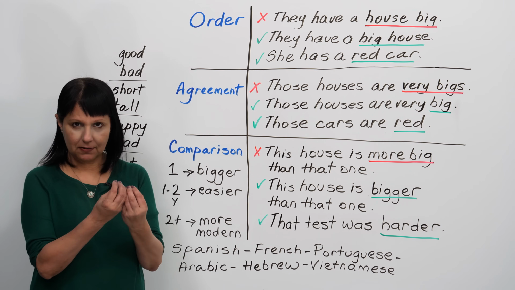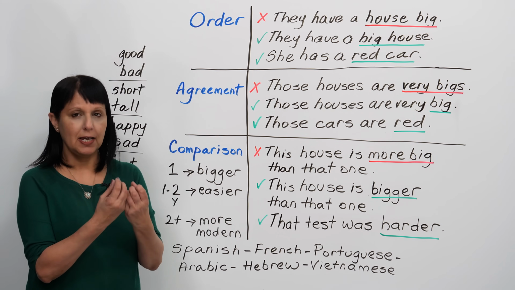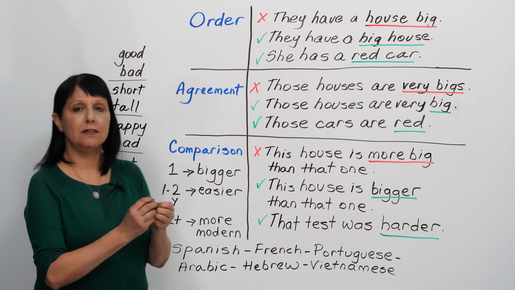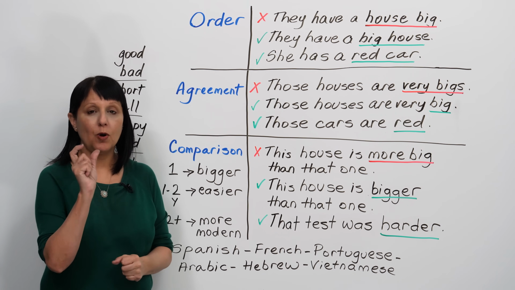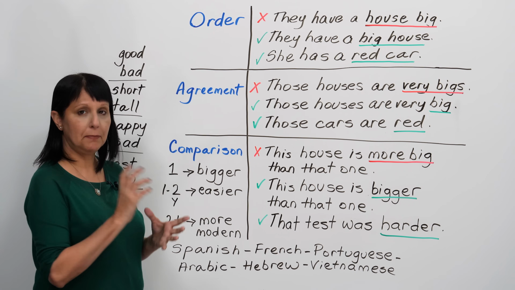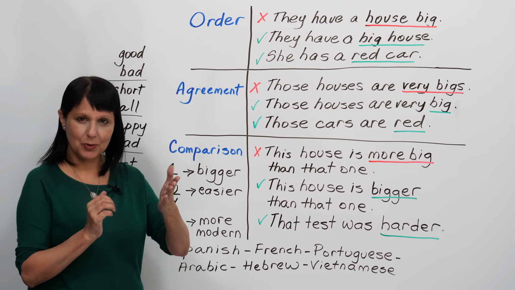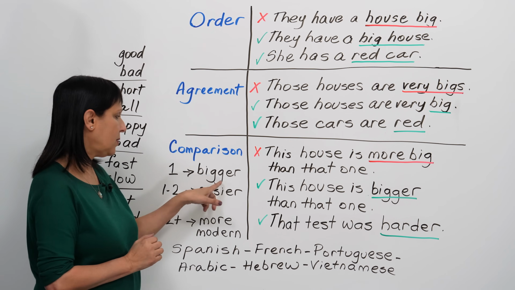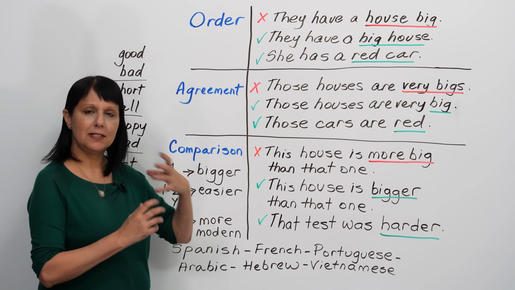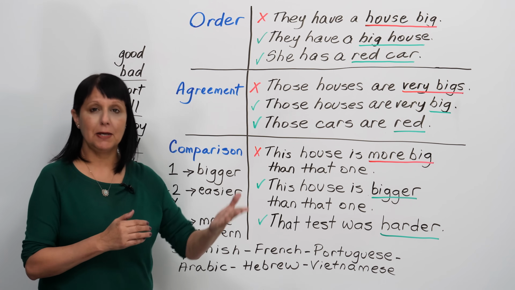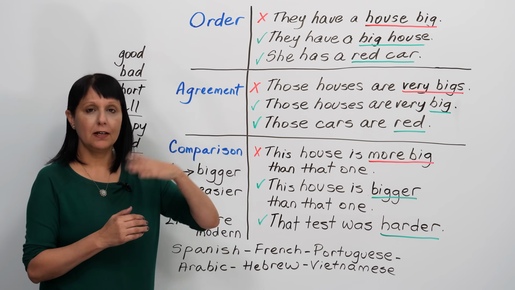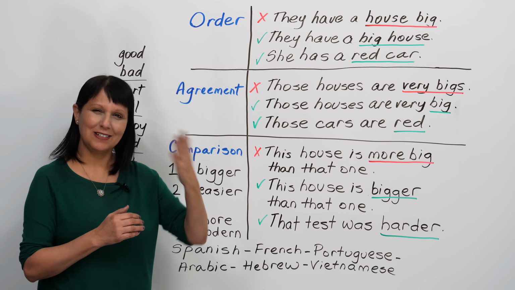If your adjective, the original word, is a very short one with one syllable, like big, then when we want to make it comparative, we just add ER, or sometimes we double the letter, but the sound is basically big, bigger. Okay? Hot, hotter. Cold, colder.